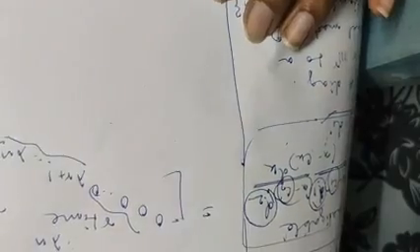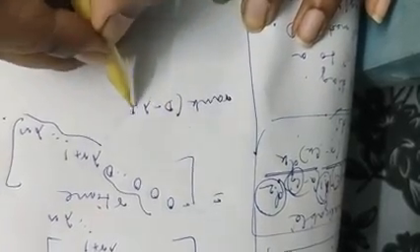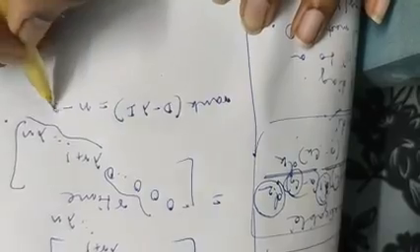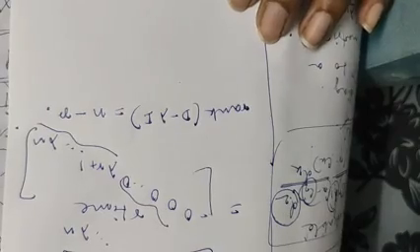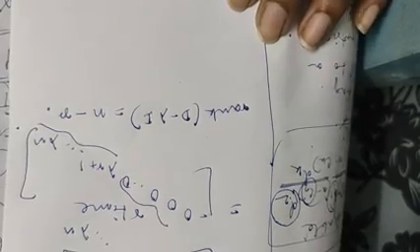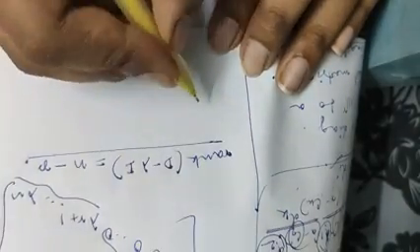Now for a diagonal matrix with n minus r non-zero elements, what will be the rank? The rank of D minus lambda I will be n minus r, as it is a diagonal matrix having n minus r non-zero diagonal elements. So we get rank of D minus lambda I equals n minus r.